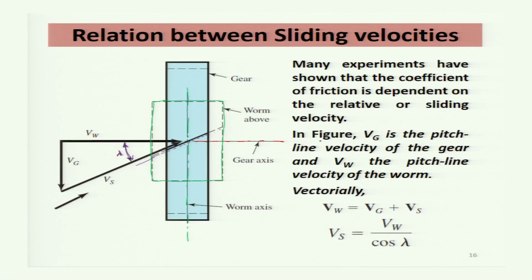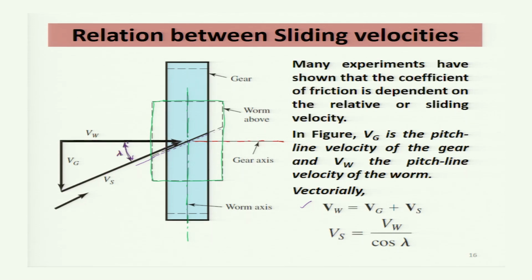So in this figure, Vg is the pitch line velocity of the gear and Vw is the pitch line velocity of the worm, and vectorially these velocities can be represented by this equation: Vw vector is equal to Vg vector plus Vs vector.